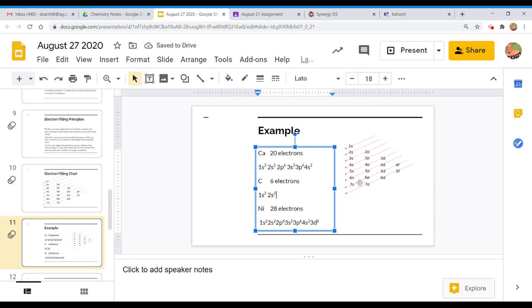And then after 2s, that's 2 plus 2 is 4. And then after 2s, I go to 2p.